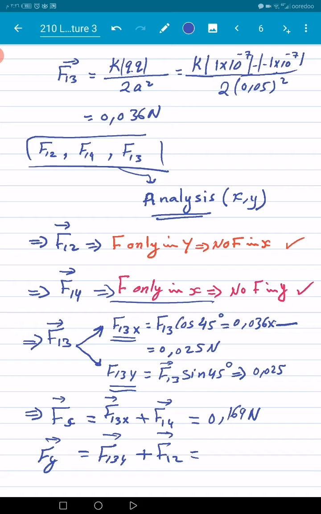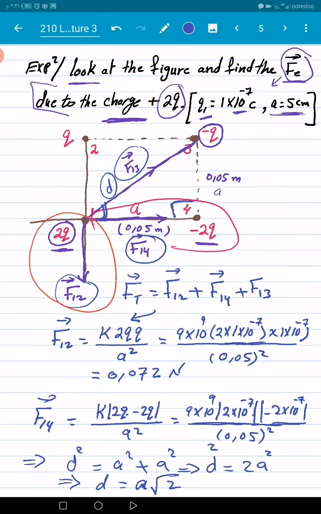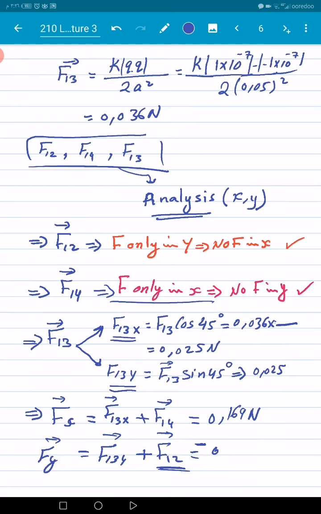F in y is 0 point... minus, because F12 is in the minus direction of y, it becomes minus because it moves in the minus direction. So minus 0.047 Newton.